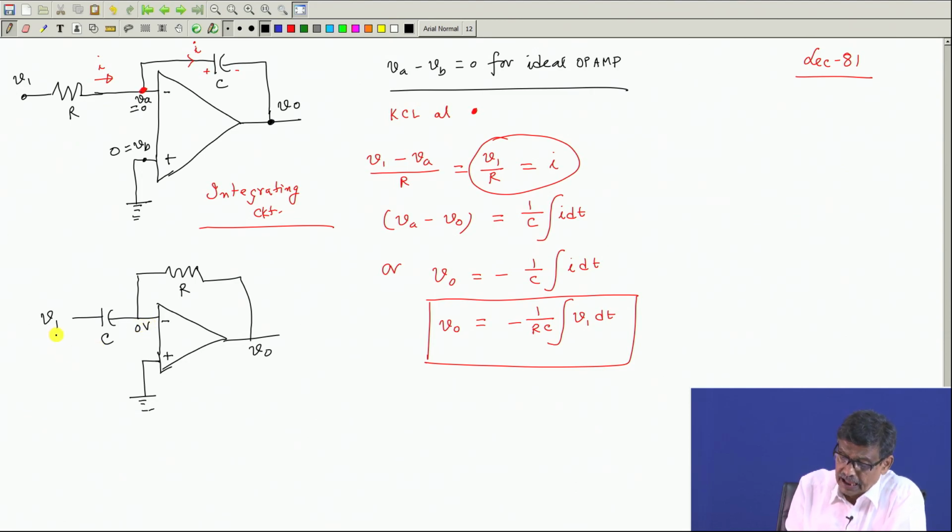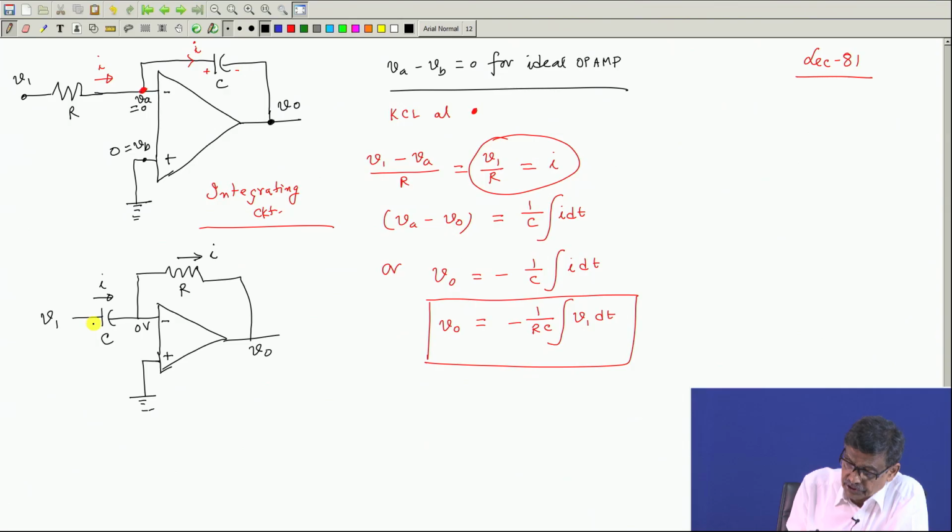I will straight away write down this equation. So, this current I has to be the same as this current, because no current is drawn by the ideal op amp. So, what is the value of this current?